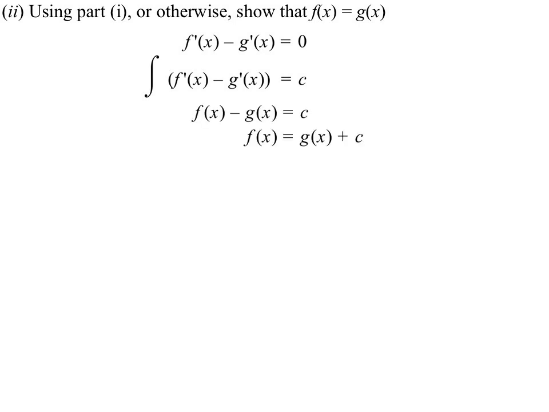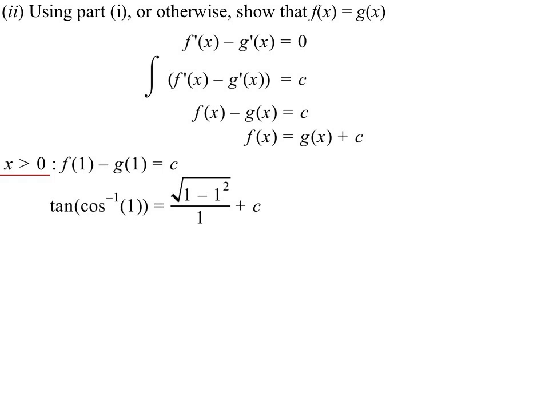So when I integrate, I know I'm going to get f of x minus g of x, and it's got to be a constant. So f of x is g of x plus some constant. And as I say, we want to show that that constant is 0. Now when x is greater than 0, f of 1 minus g of 1 equals a constant. I can substitute into that and I get that the constant is 0.